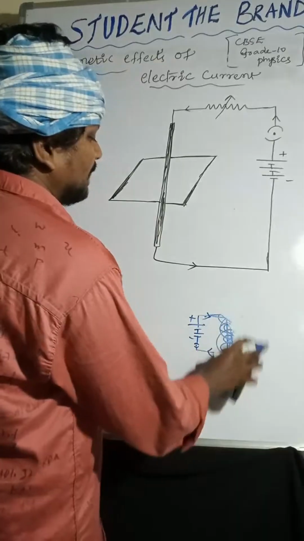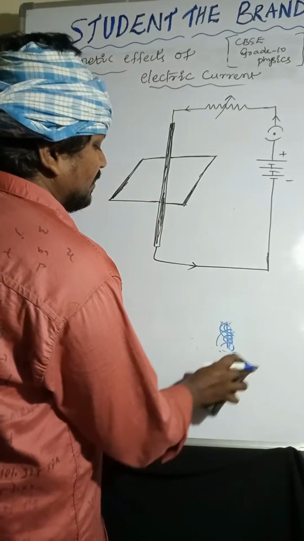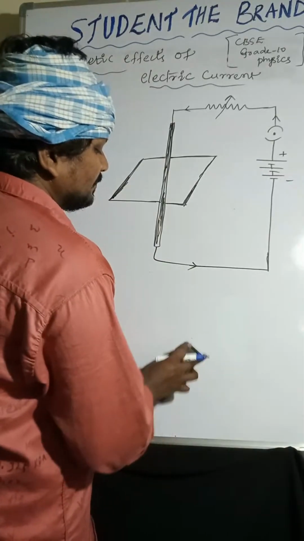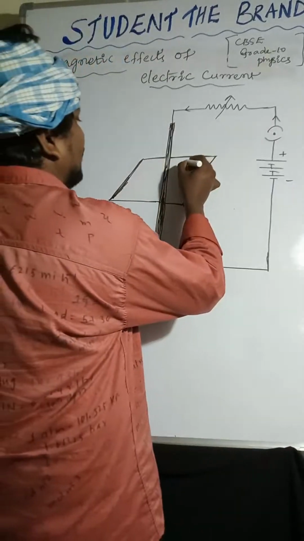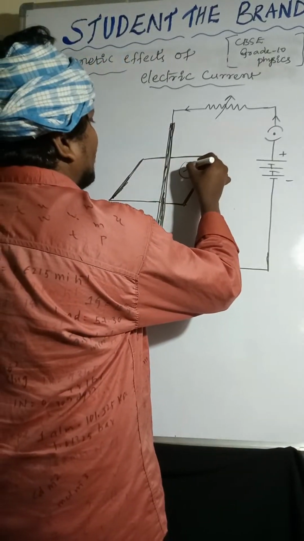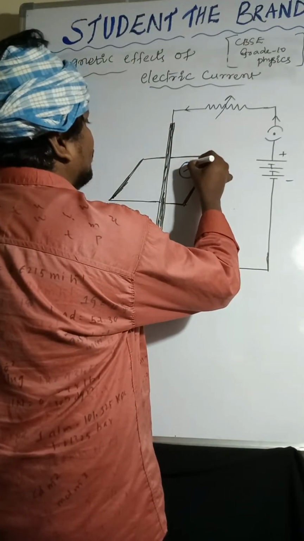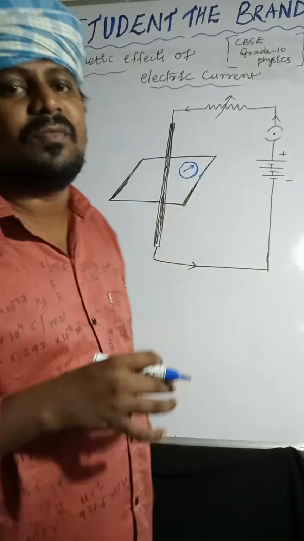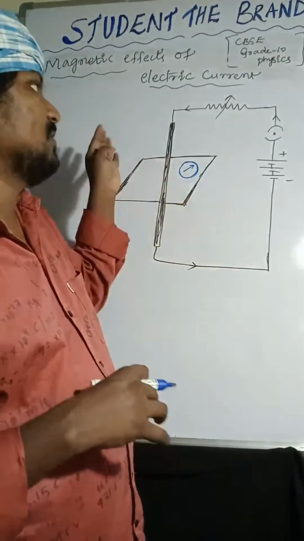If you place a compass around it, so I'm placing the compass here, a compass has a small magnetic needle inside of it, and it always shows the north and south direction.